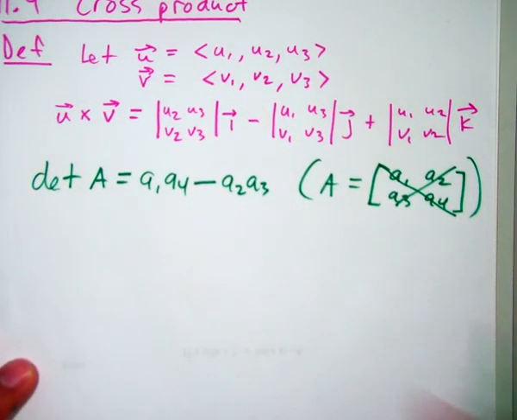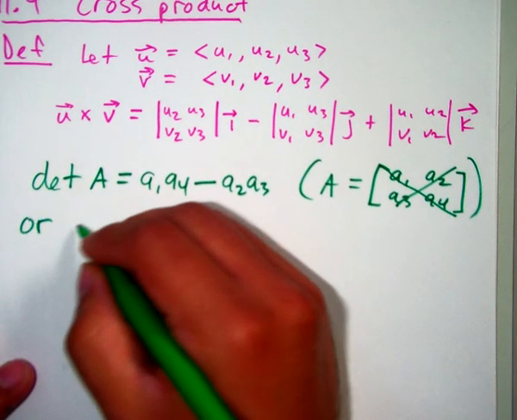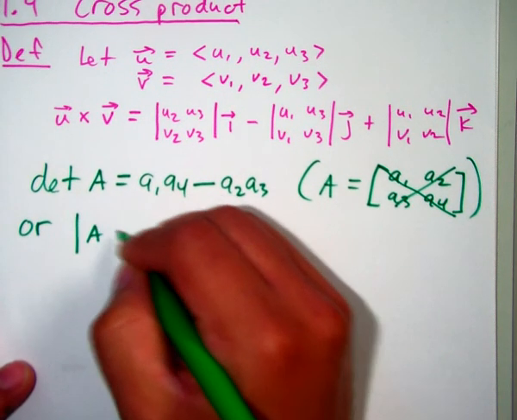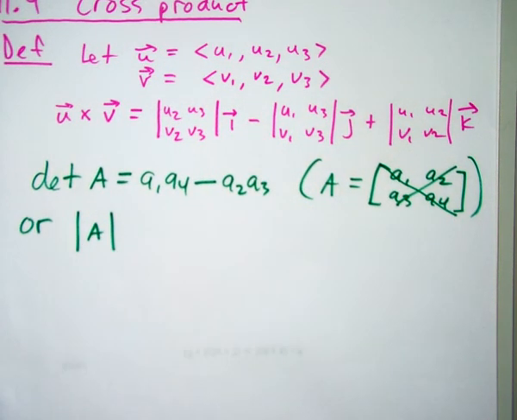So that's what this stuff up here means, because the other notation is to write A with what looks like absolute value signs, but it's actually the other symbol for determinant.